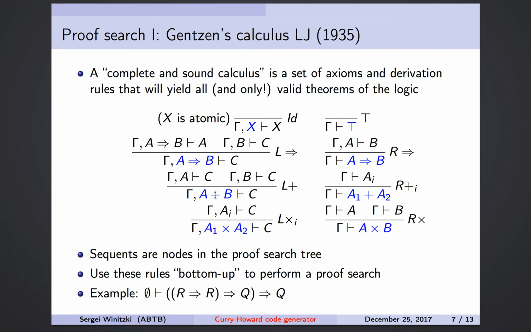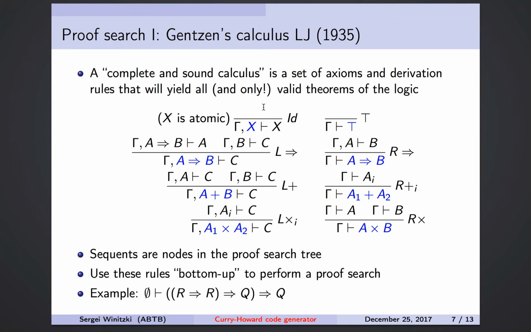My notation is again a little off. Instead of plus, you should read the disjunction, and instead of times, the conjunction. But I will fix that in the slides. So what does it mean, the calculus LJ that Gentzen discovered?